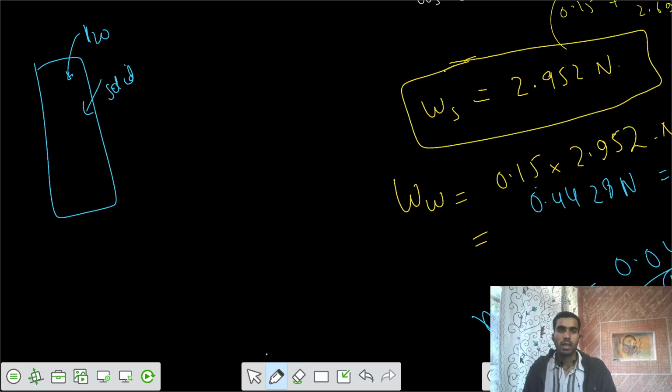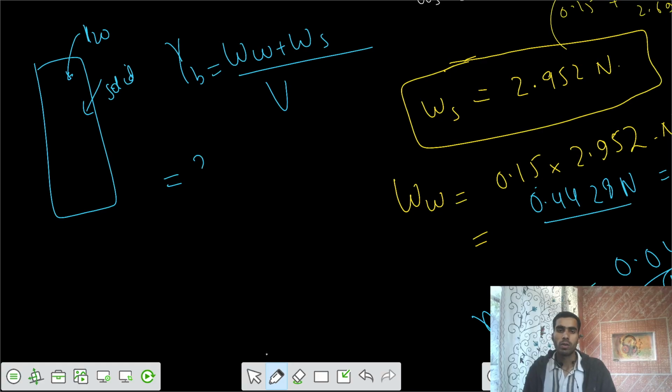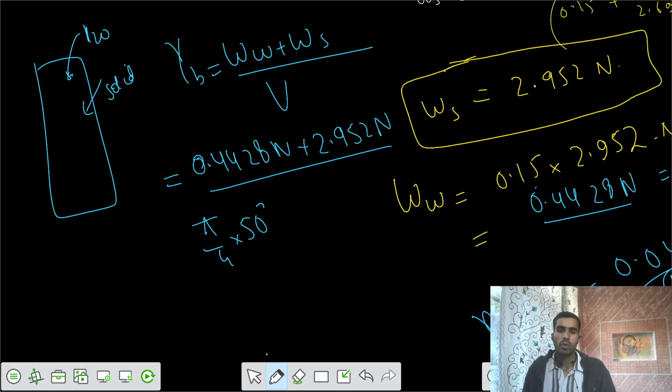So your gamma bulk would be weight of water plus weight of solids divided by total volume V. The weight of water was 0.4428 newtons, plus weight of solids is 2.952 newtons, divided by total volume of pi by 4 50 square into 100 millimeter power 3. So based on these calculations, let me go for the solution.